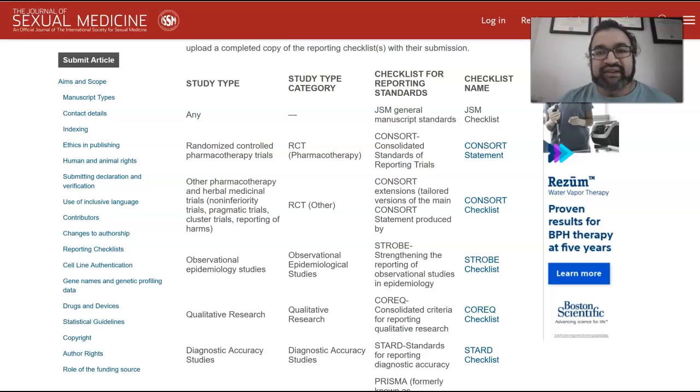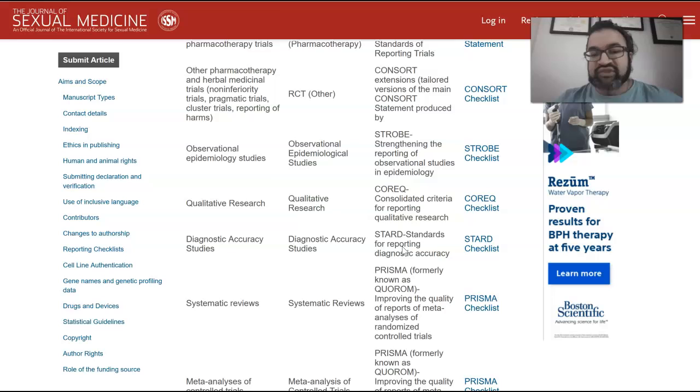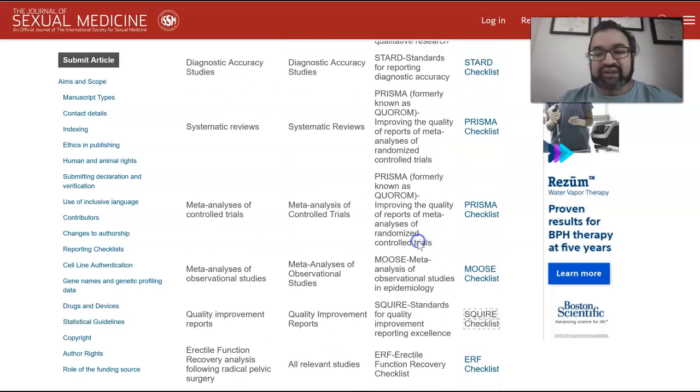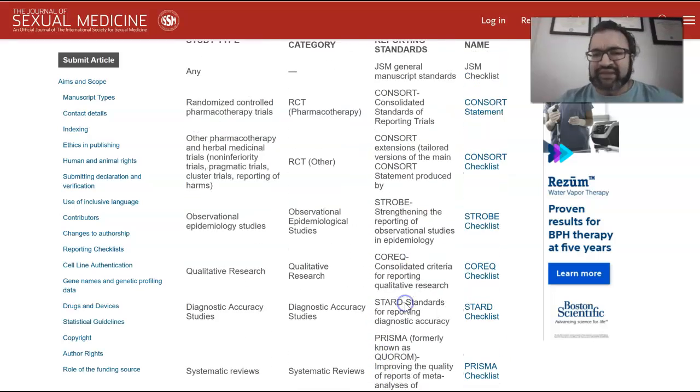I'm not going to go down this list, and I also want to make the general comment that while there are quite a number of checklists that I'm going to go through today, about 5 of them, there's actually discipline-specific checklists as well that you should be familiar with, depending on what field you are. So this is from the Journal of Sexual Medicine, but it could be in any sort of journal. So the checklists that we're going to be going over today are CONSORT, STROBE, COREQ, START, PRISMA, MOOSE, and SQUIRE. So it's probably 6 or 7.